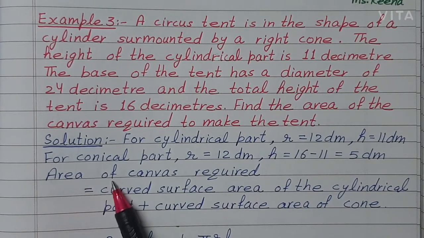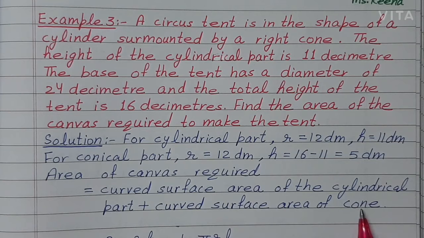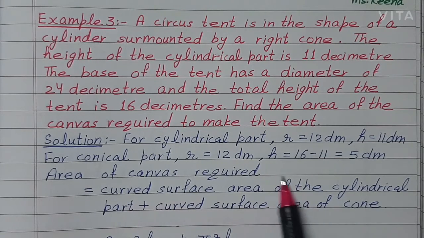So the area of canvas required is equal to curved surface area of the cylinder plus curved surface area of the cone. Students, what is the formula for curved surface area of a cylinder?